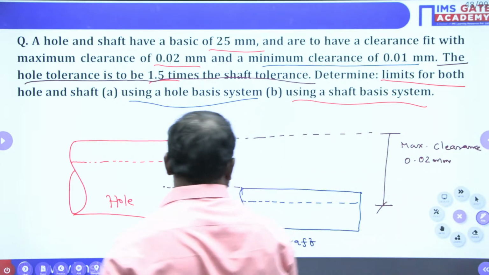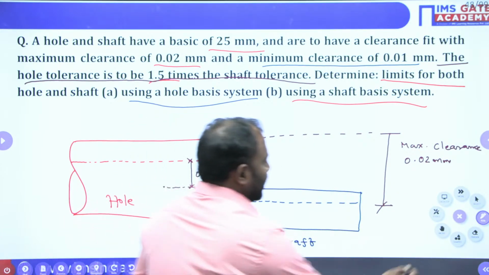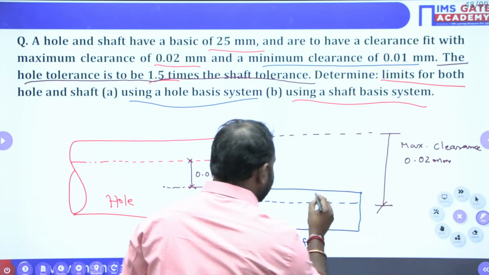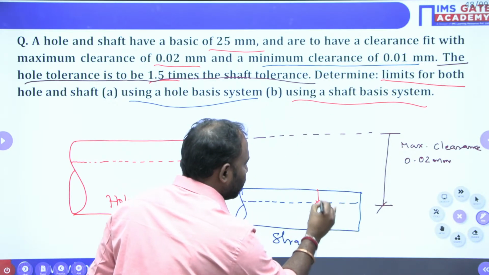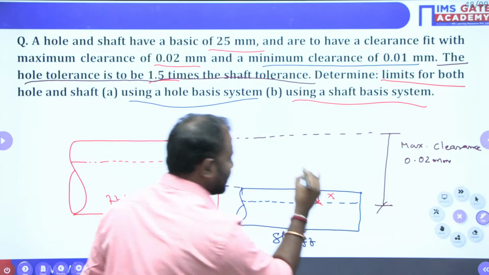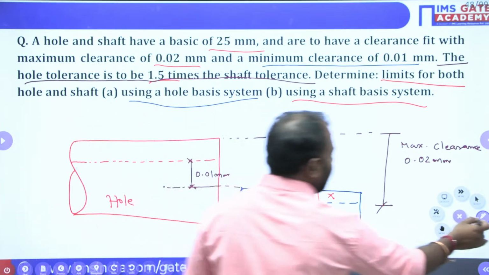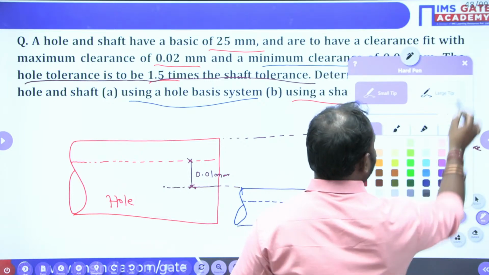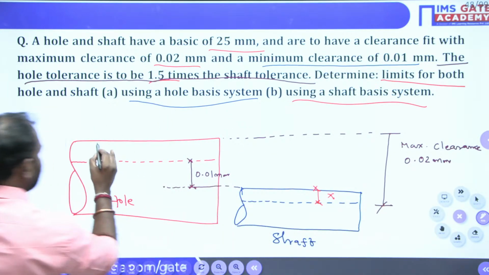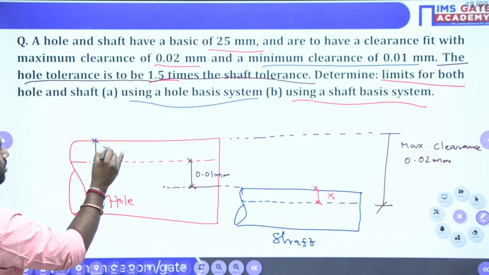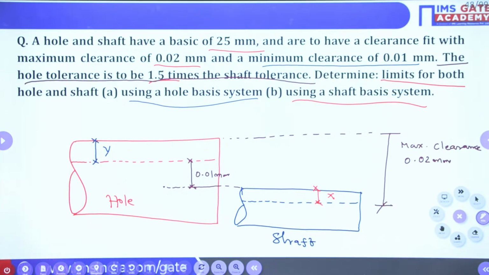So here, I consider that this fellow is x, that I don't know, I'm taking it as x. Now I'm taking the hole tolerance as y. What are they giving?